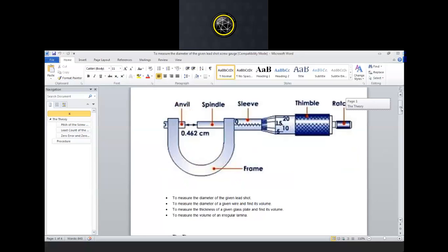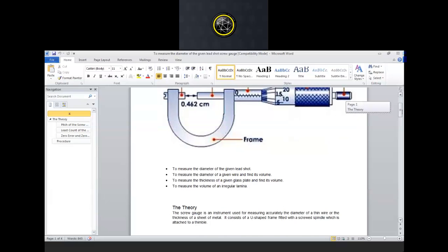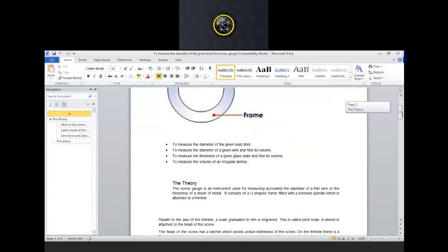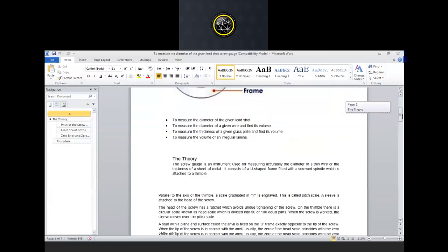Okay. The aim was to measure the diameter of a given wire and find its cross-sectional area with the help of screw gauge. Okay, that was the aim of the experiment, and this is the theory.